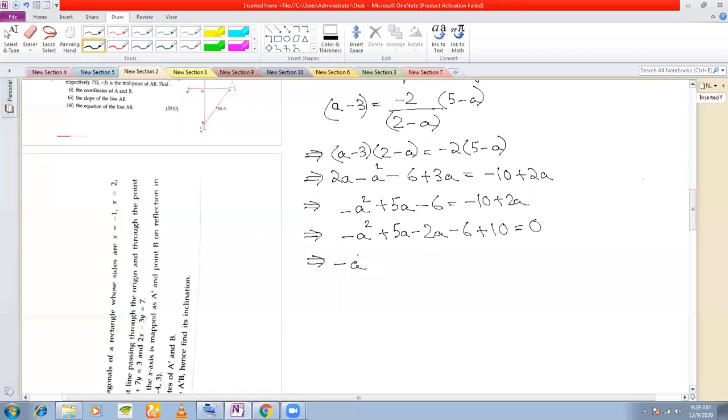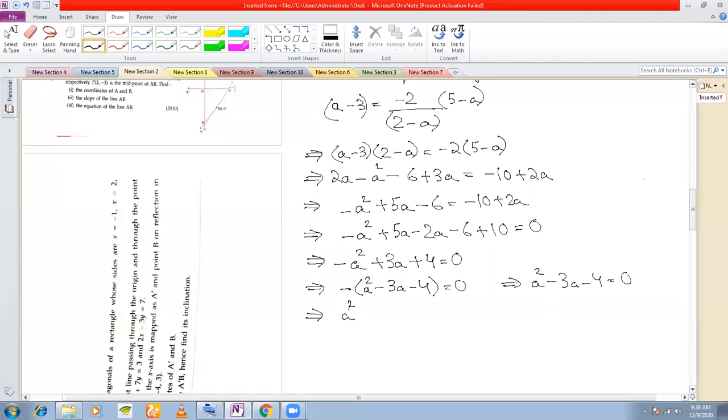So getting minus a square plus 3a plus 4 is equal to 0. That means a square minus 3a minus 4 is equal to 0.